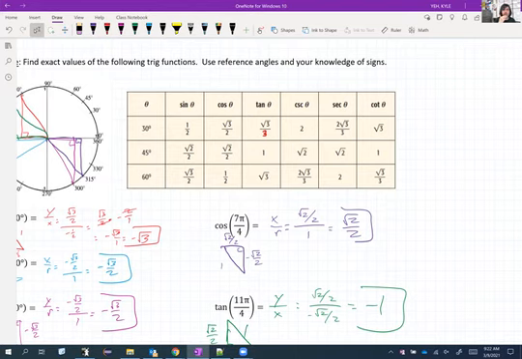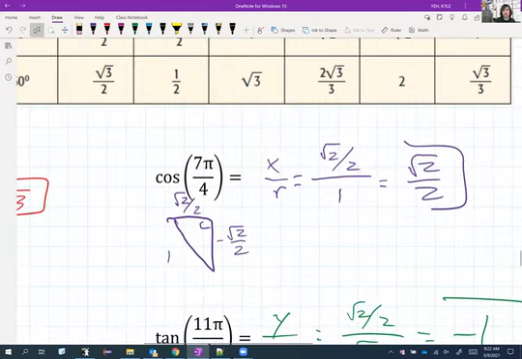And so we know it's a 45, 45, 90 triangle. So those legs in the unit circle will always be √2/2. Maybe positive, maybe negative, but will always be √2/2. So we know that x's are positive because we went to the right, y's are negative because we went down. X over r, √2/2, over my 1 for the unit circle is just √2/2.